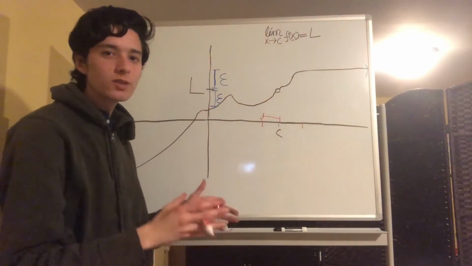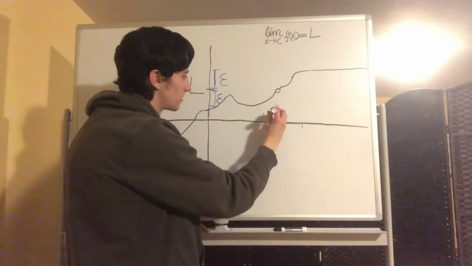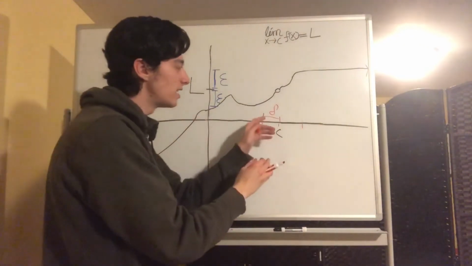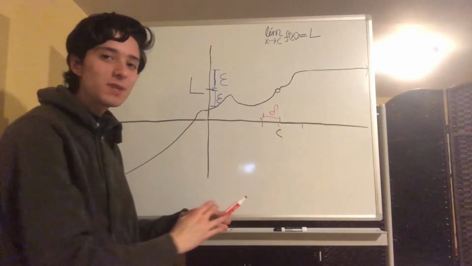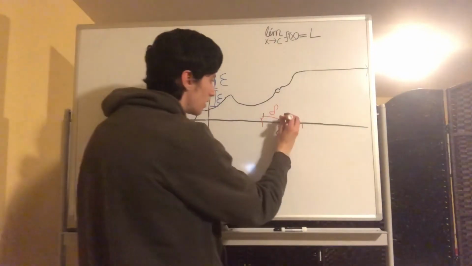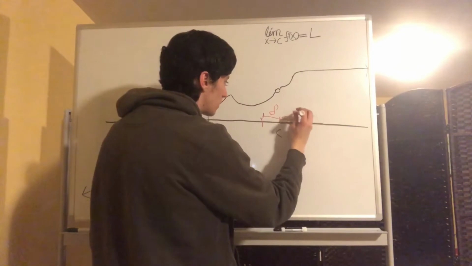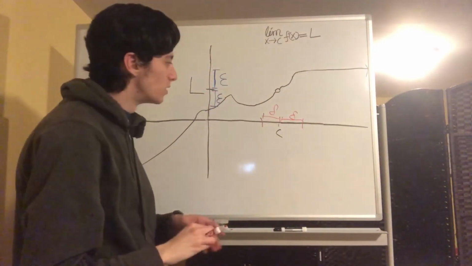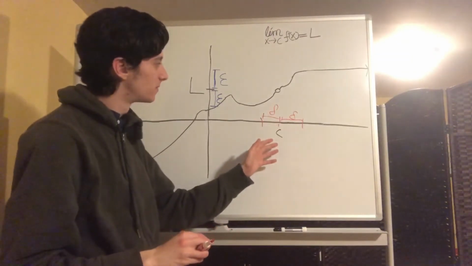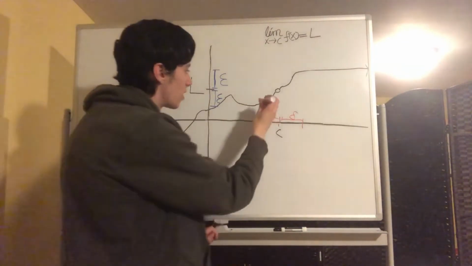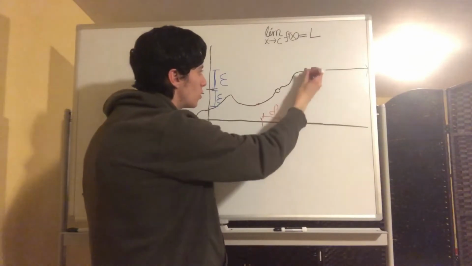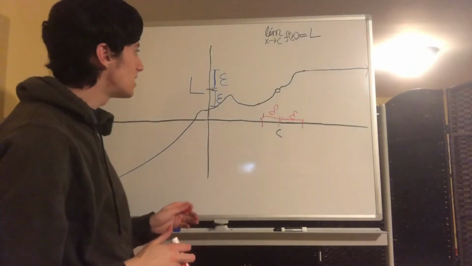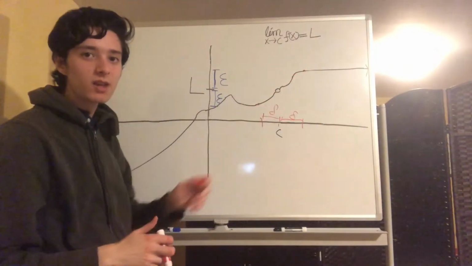And we can call this horizontal distance delta, another Greek letter. And again, it'll be within delta on both sides, right? Because x can be greater or less than c. So we're saying that our x will be within delta of c. Then our f of x values will have this range.